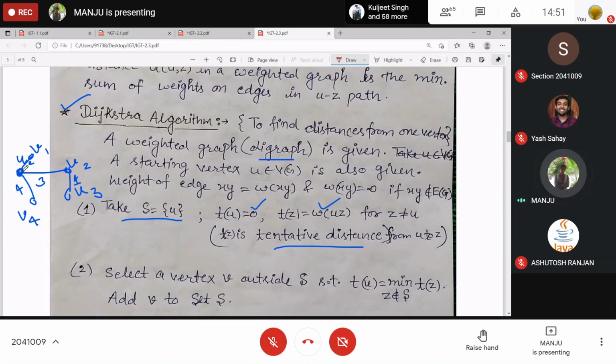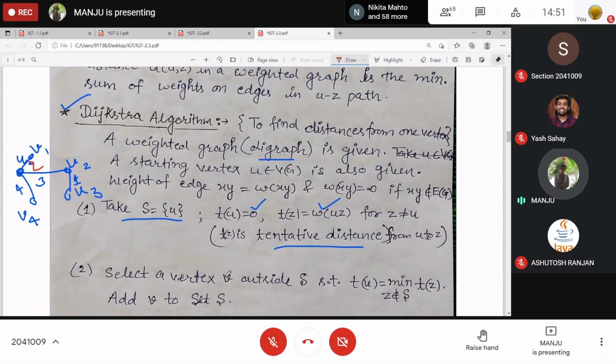Okay, so we are just taking all the adjacent points from u and taking that point which has the minimum tentative distance. In this case it will be v1 because v1 has the minimum among 2, 3, 4. 2 is the minimum.